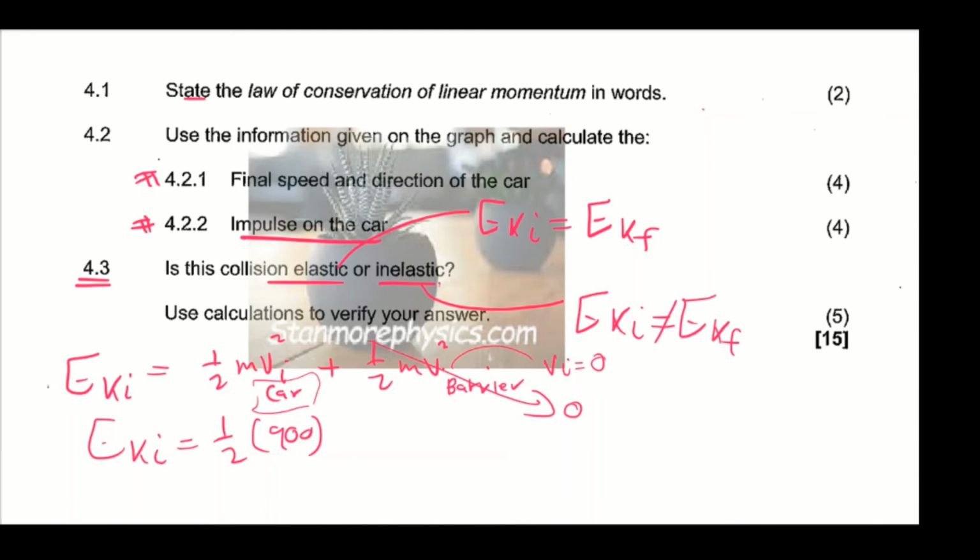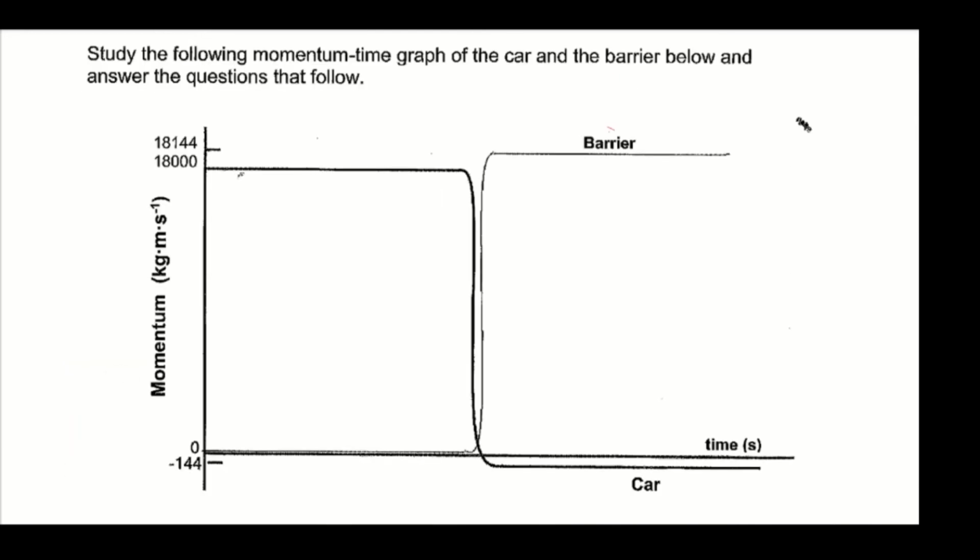To find the initial velocity, we know the initial momentum, which is 18000, and we know the mass, which is 900. So P equals MV.